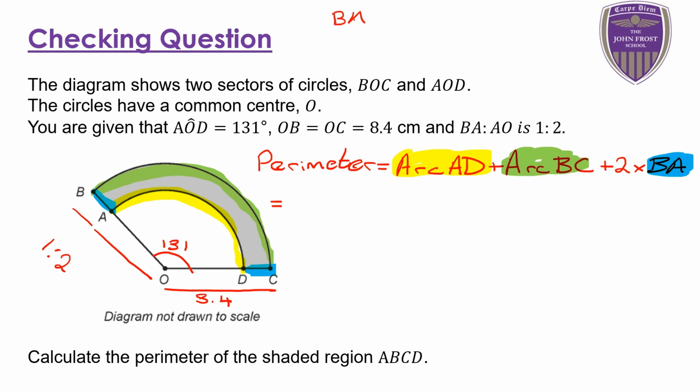Now, if BA and AO are in ratio 1 to 2, meaning there are 3 parts to share, and the length of both of them is 8.4 combined, so what do I times? If you do 8.4 divided by 3, that gives you a multiplier of 2.8.